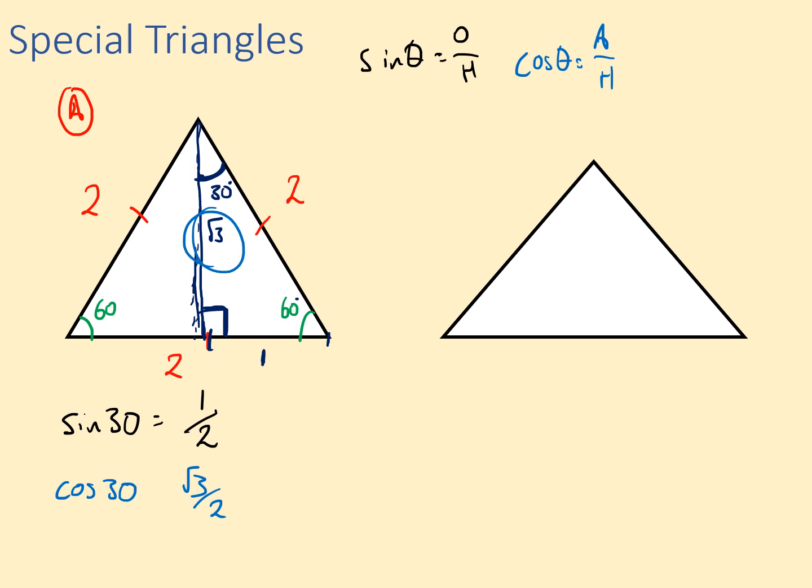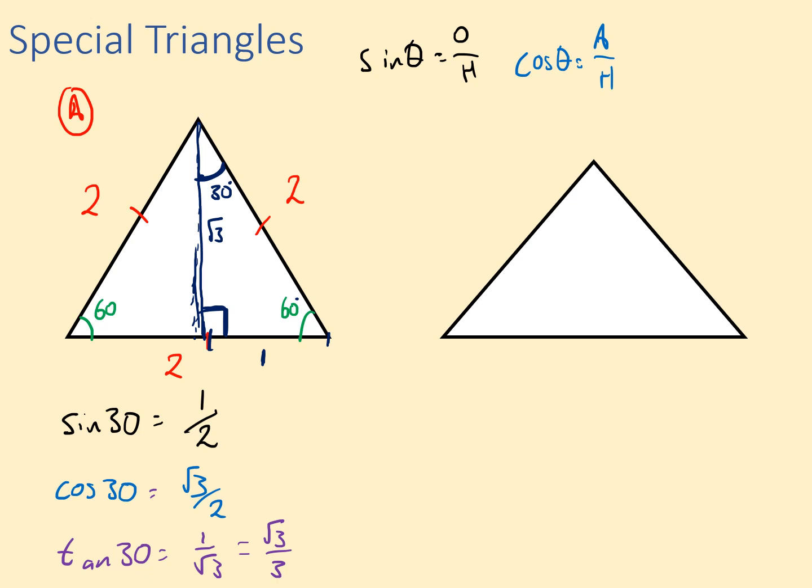And lastly, I could also take the tangent of that angle. So the tangent of 30 is the opposite over adjacent, which is 1 over root 3, and if we rationalise that denominator, we get root 3 over 3. So there's 3 special angles: sine, cos, and tan of 30.